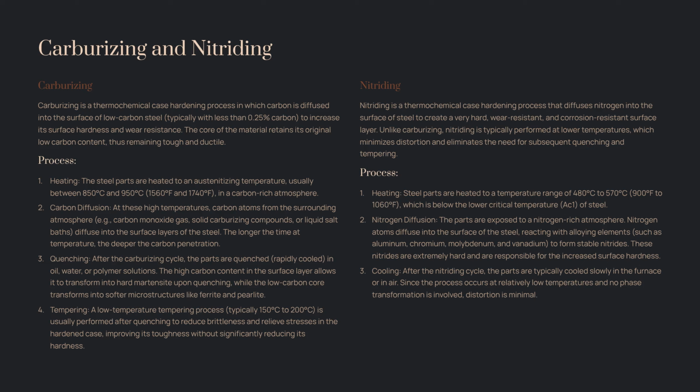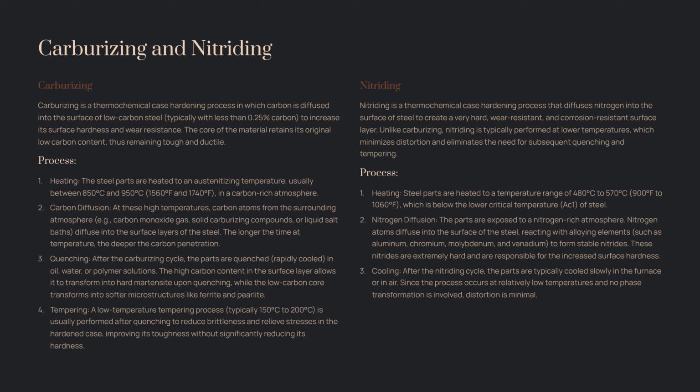The parts are exposed to a nitrogen-rich atmosphere. Nitrogen atoms diffuse into the surface of the steel, reacting with alloying elements such as aluminum, chromium, molybdenum, and vanadium to form stable nitrides. These nitrides are extremely hard, and are responsible for the increased surface hardness.